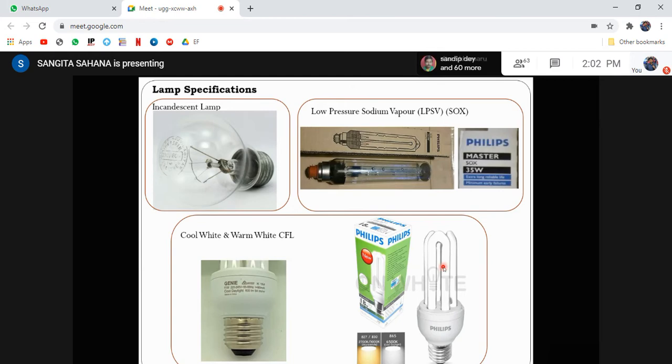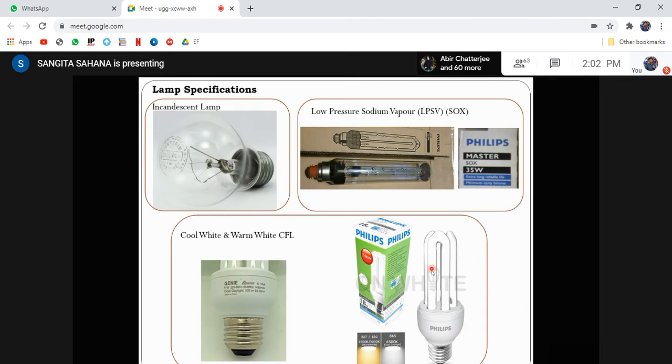But if you go to the market and see one CFL, without providing power, you cannot say whether it is bluish white type of light or yellowish type of light. So in that case, you have to see the specification of the lamp. If something like cool daylight or 2700K or 6500K is written over the lamp, then without providing the power, you can say the color appearance of the source.